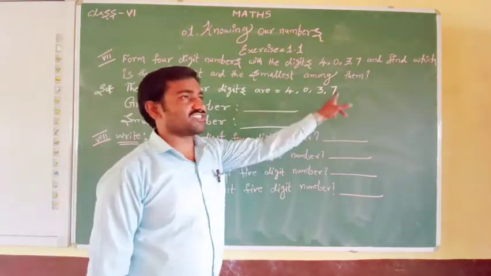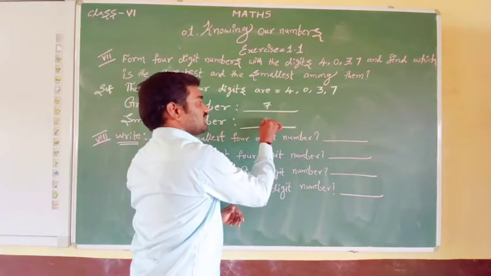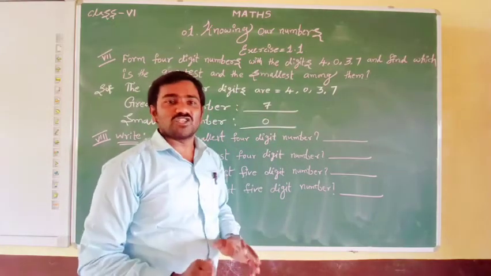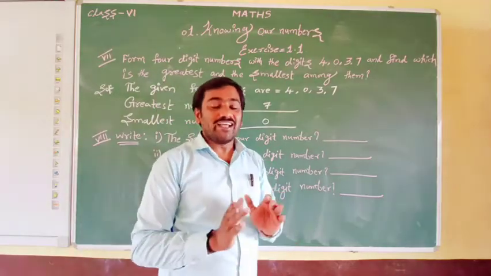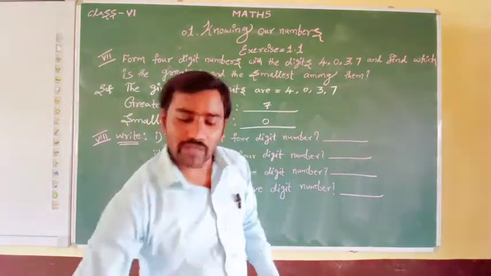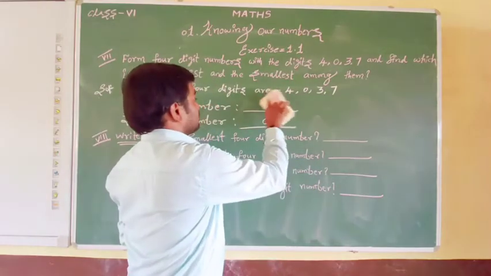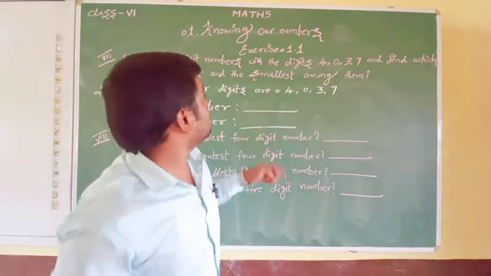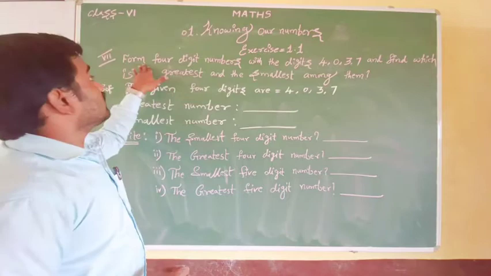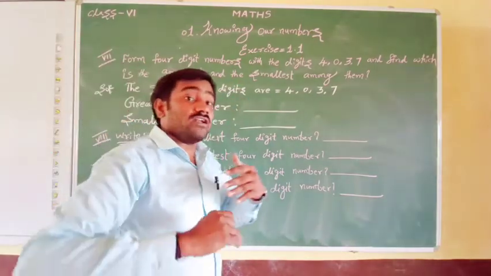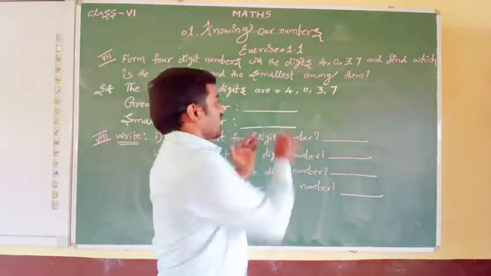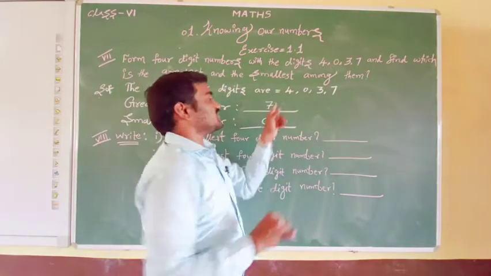That means from this the greatest number is 7, the smallest number is 0. This is what you people will do actually. This is not correct. So we should not do that. Let me tell you what they have written. See, they asked you to write the greatest 4-digit number. Write a 4-digit number. If you write here 7 and 0, these are digits.